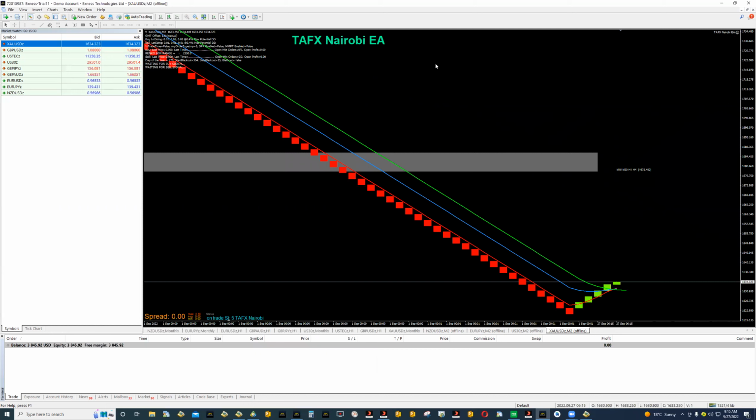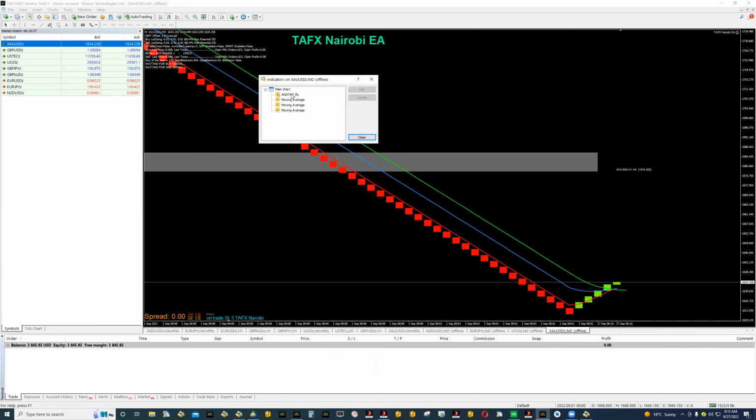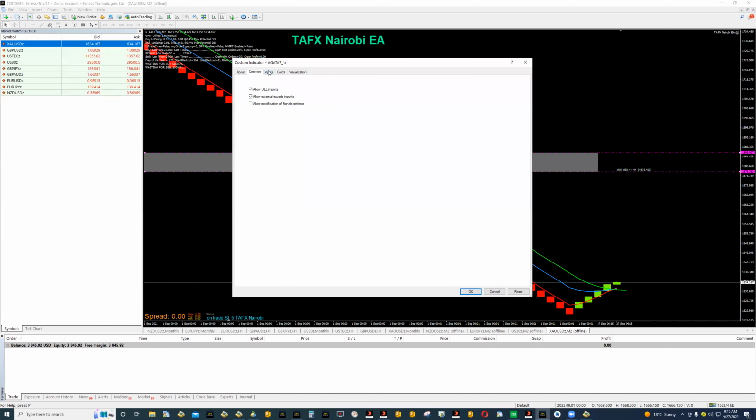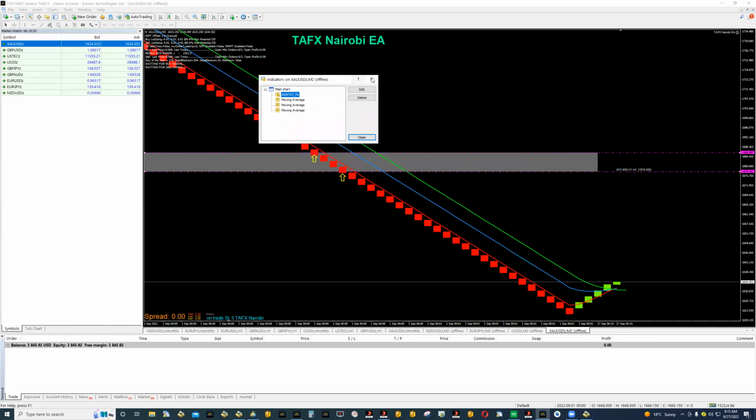If you don't want to work with minute 15, you can right click, go to indicators, go to Agatha, go to input, and disable minute 15. But by default, it is good to work with it because it's very, very profitable. So that is when you are working with the Agatha.